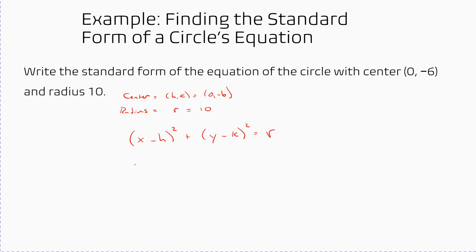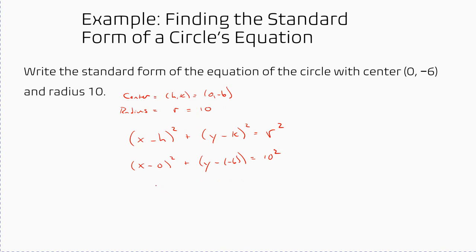Well, look, my h is 0, so this is (x minus 0) squared plus (y minus, now my k is -6, so it would be a double negative here, so we have to clean that up) squared is equal to r squared. I'm sorry, I just wrote r there first, but this would be 10 squared.